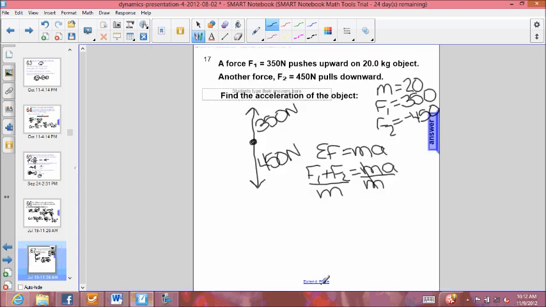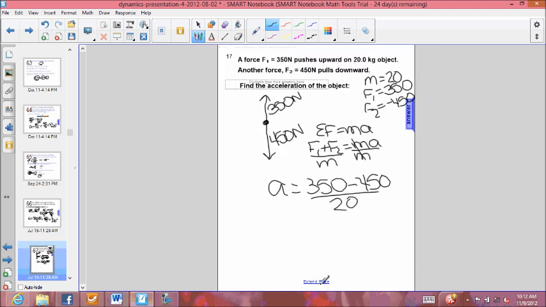Now we just have to do a equals F1, which was 350, minus 450 over 20, which gives us negative 100 over 20, which equals negative 5 meters per second squared. And that makes sense because it's going down, which is why our acceleration is negative.